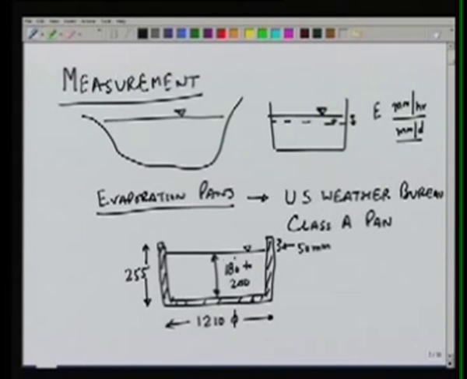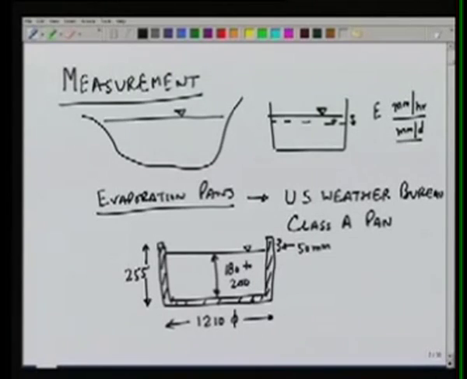So we start with about 200, and then when the water level goes down to about 180, we again fill it up to the original level, 50 millimeter below the top. The evaporation depth is measured and we call that pan evaporation, E_P.